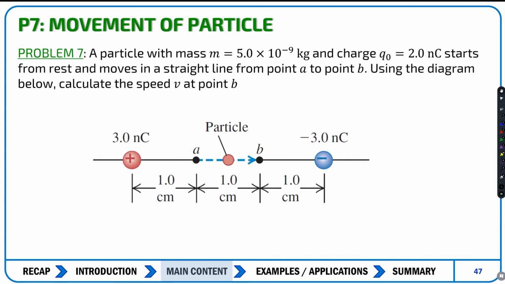The diagram is already drawn for us. But there are a few more things that we can add to this to make our life a little bit easier. It is starting from rest. So that means over here, we know that VA is equal to 0 meters per second. At VB, that's what we're trying to find.